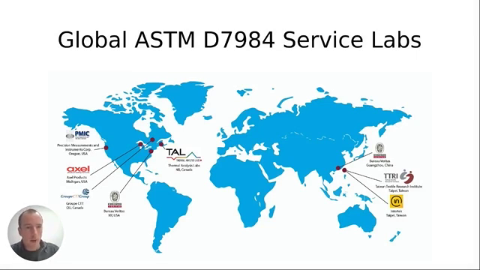So the first point is, if you're looking for labs to help you with testing your materials, these are the third-party test labs that we're aware of offering our instrument as a test service, D7984. So in the US, we have PMIC Labs on the West Coast. There's Axle Products, which offers contract testing services. They do a lot of work in polymers, but are branching out more into textiles.